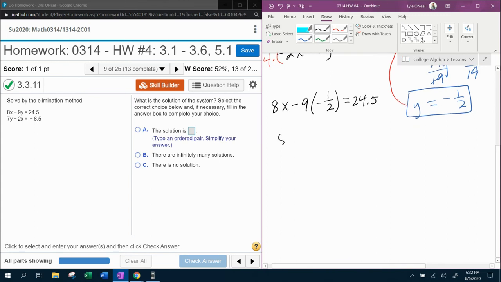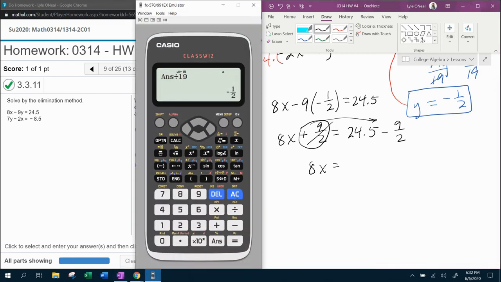All right, so 8x, negative times a negative makes a positive 9/2, equals 24.5. Bringing the 9/2 over makes it negative 9/2. And using the handy-dandy calculator, 24.5 minus 9 over 2 is 20.